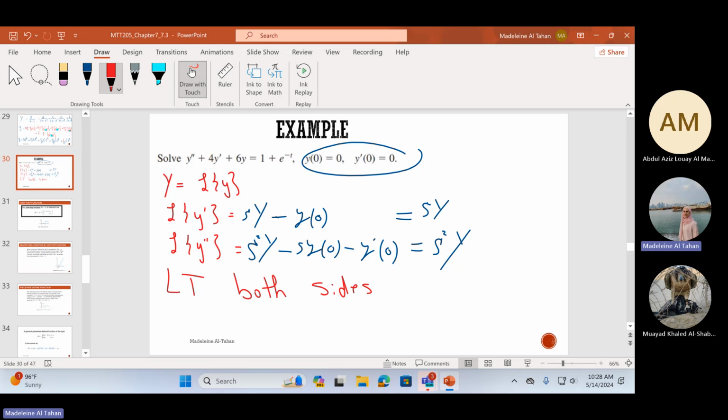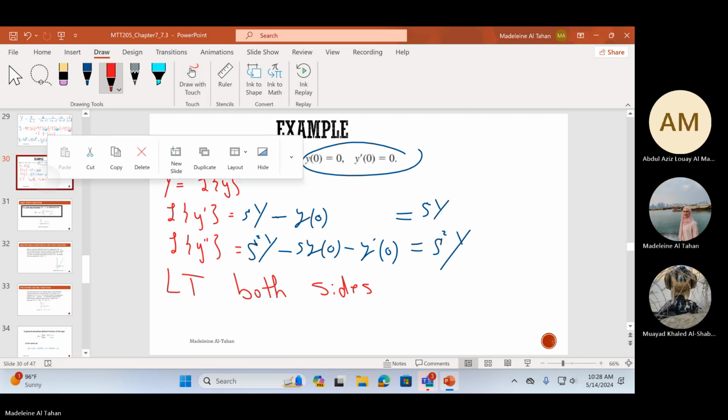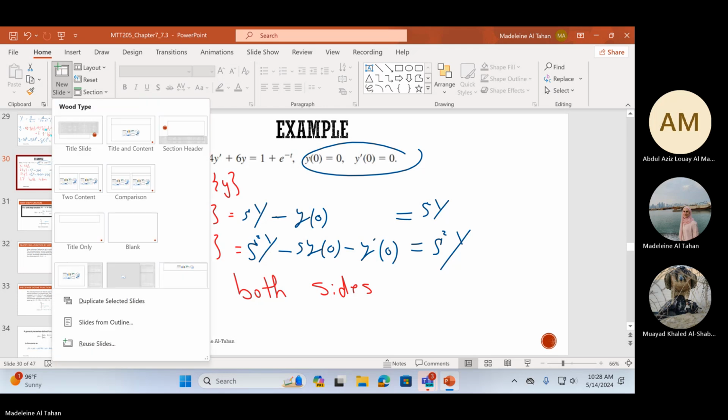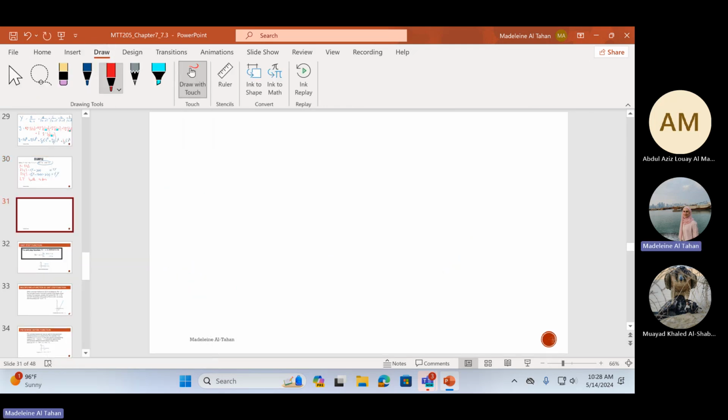Okay, miss? Laplace of the left equals Laplace of the right. Are you okay with that now? Okay, what's the next step? So we would write here Laplace of the left equals Laplace of the right.